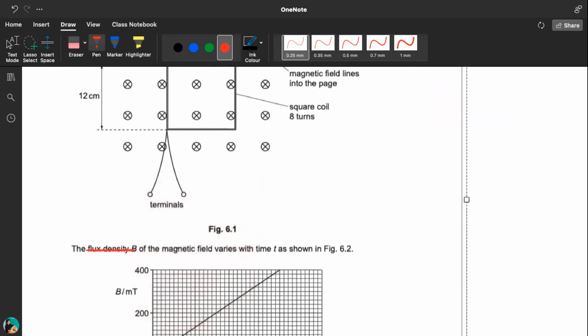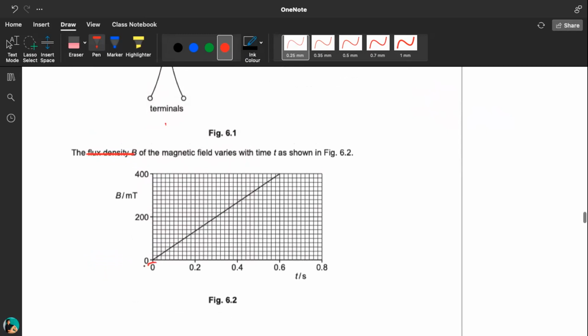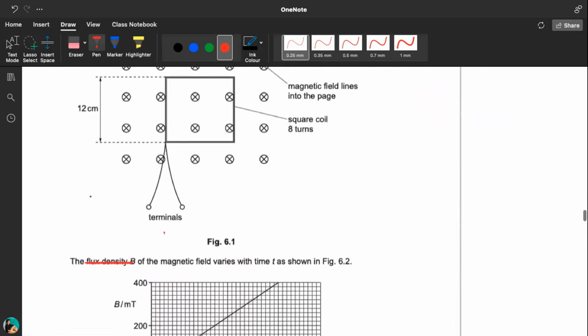In the graph, you can see from 0 to 0.6 second, the flux density increases. Think of this as your area: at first you got, let's say, 4 lines, that's the flux. Flux density increase simply means you have more lines linking it.